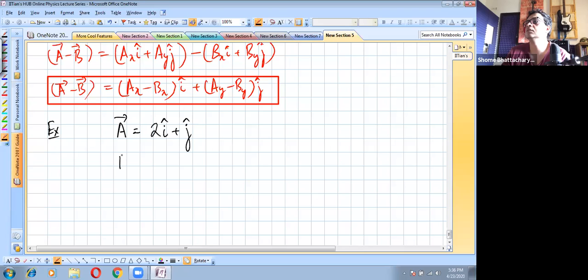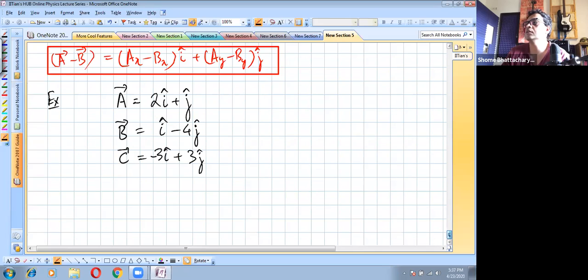The vector b is i cap minus 4 j cap, and the vector c is, let's say, minus 3 i cap plus 3 j cap. Let's just take it like this. Now we want to find all these things.